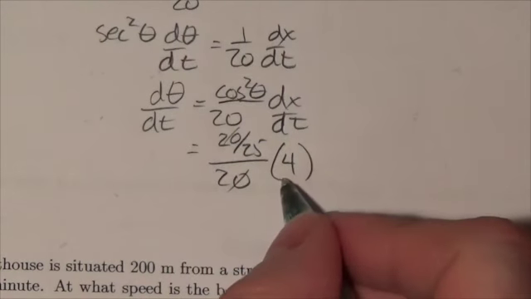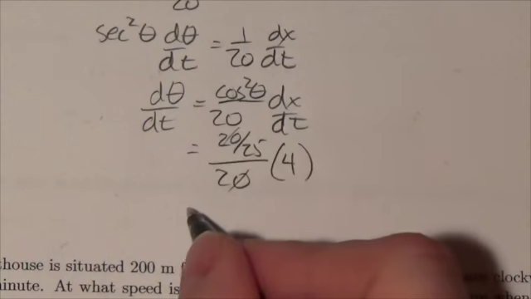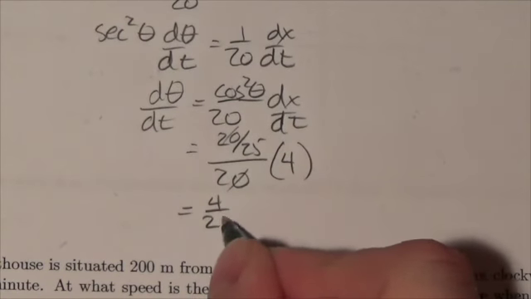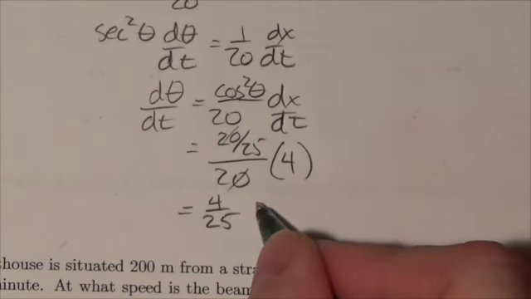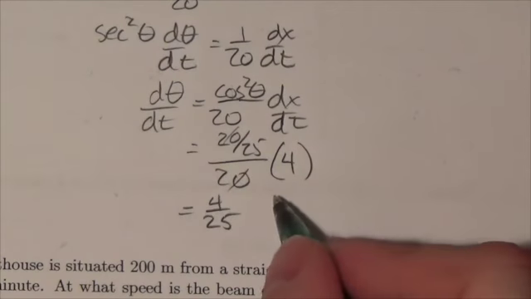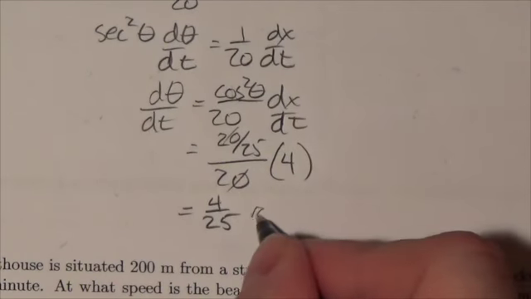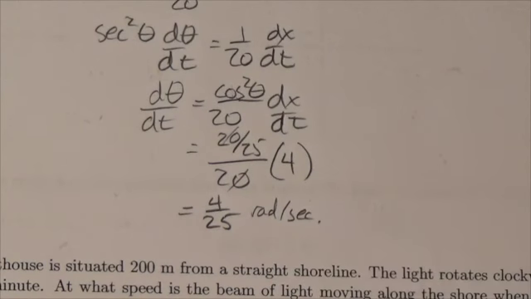The 20s will end up canceling, and I'm going to be left with nothing but a 4 in the numerator and a 25 in the denominator, so 4/25. This will be radians per second, and that's how fast that searchlight is rotating.